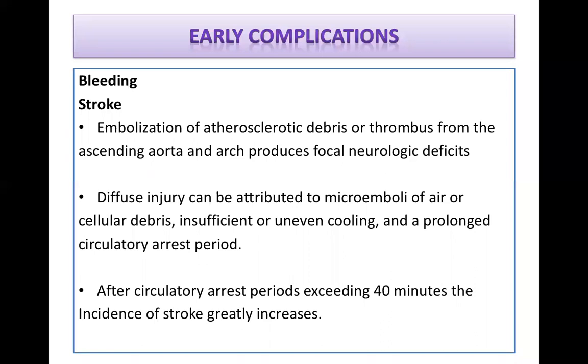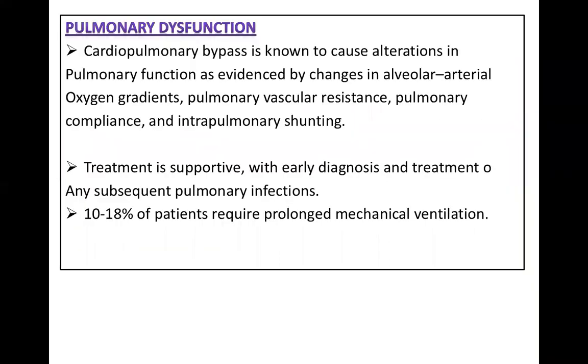Diffuse injury can be attributed to micro emboli, air, or cellular debris, usually from insufficient or uneven cooling or prolonged circulatory arrest. After a circulatory arrest period exceeding 40 minutes, the incidence of stroke is greatly increased.